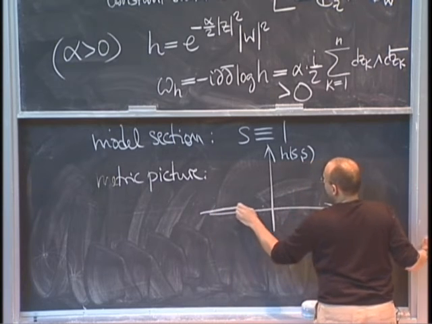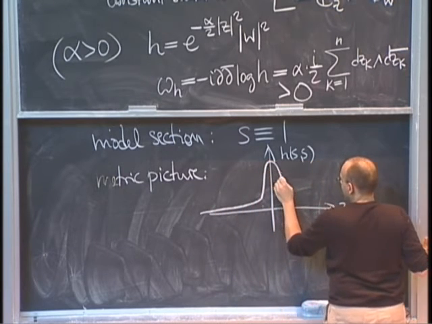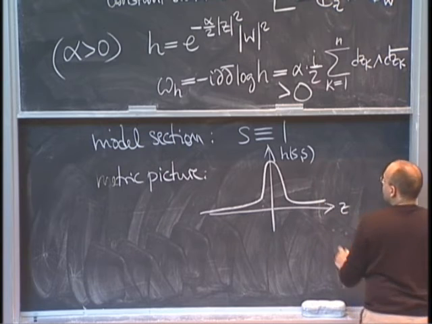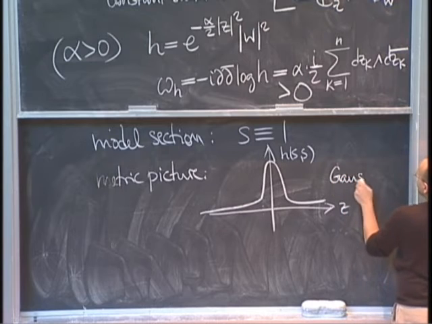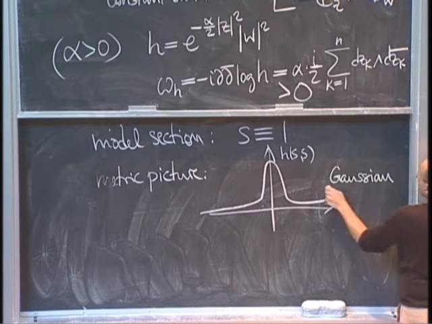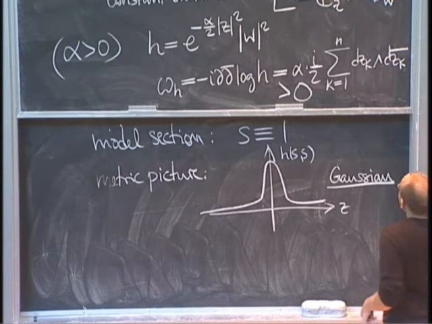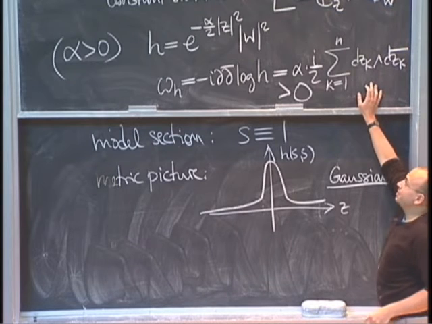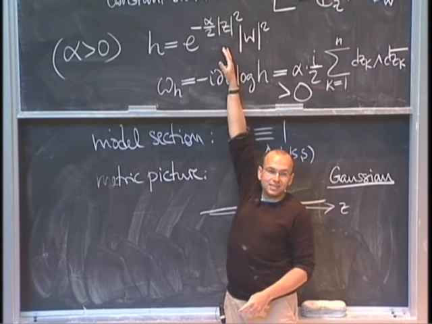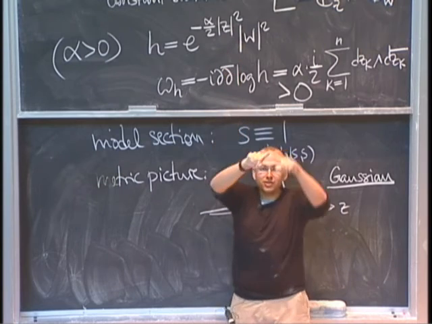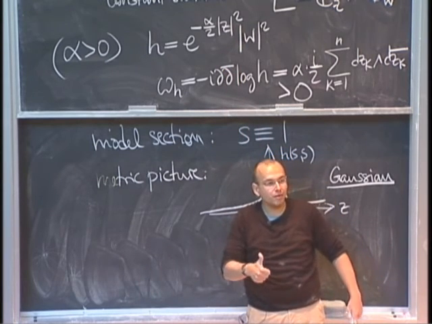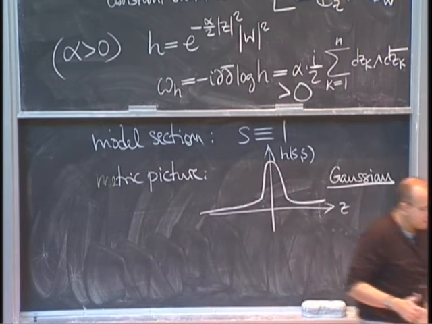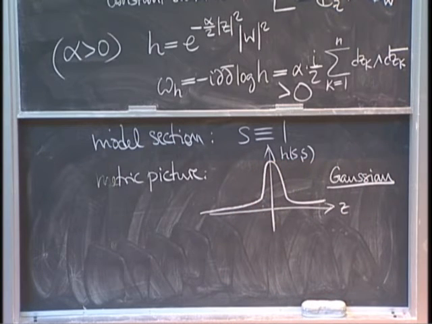It's a Gaussian. Because I want the curvature to be positive, I had to take a minus sign in the exponent. So the length of the section has this Gaussian profile as I go away from the base point. That's the geometric picture that you should have.